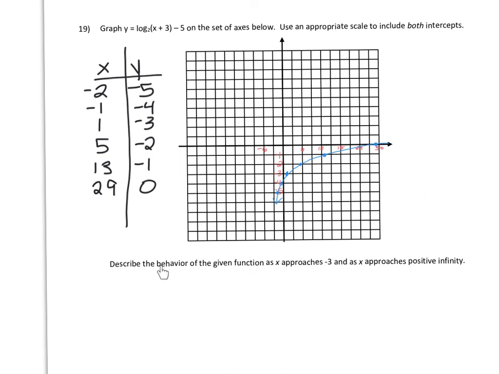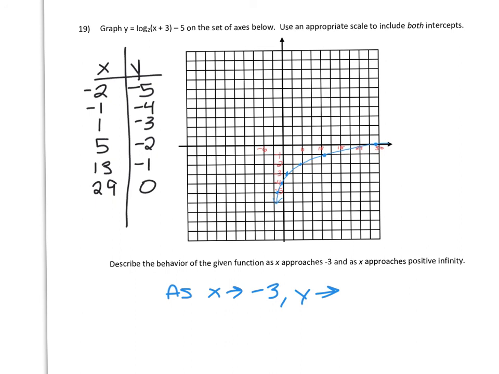Okay, and when we describe the end behavior, this is the same exact thing as we did on the previous page. So describe the end behavior as x approaches -3. As the x values are getting closer and closer to -3 right here, as we're going this way on the graph to the left, aren't the y values dropping really, really low?